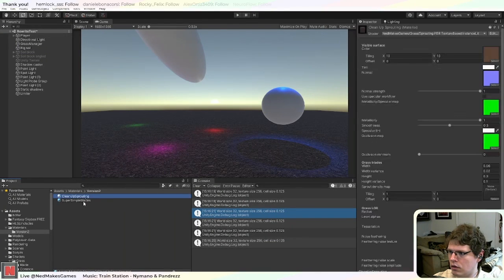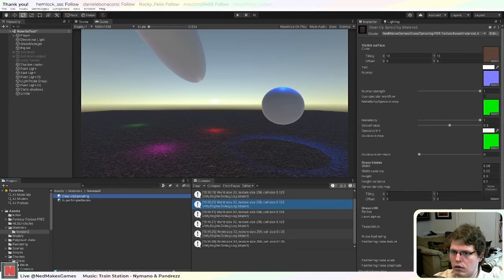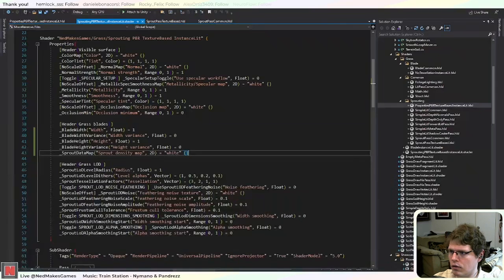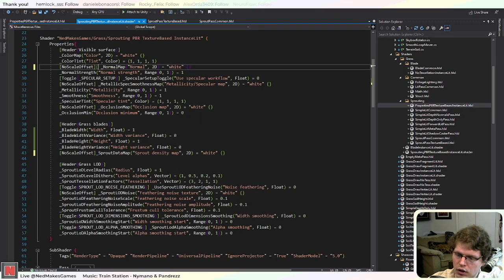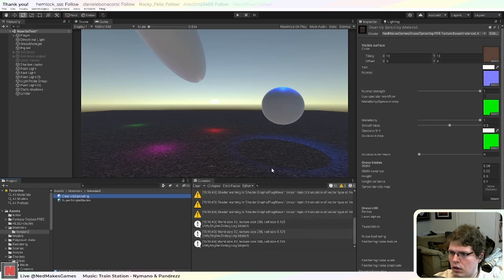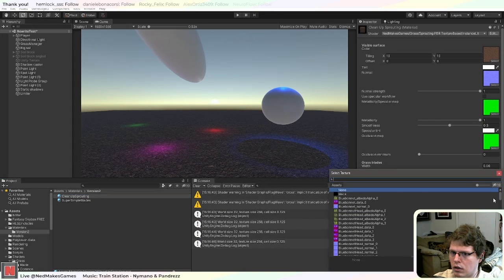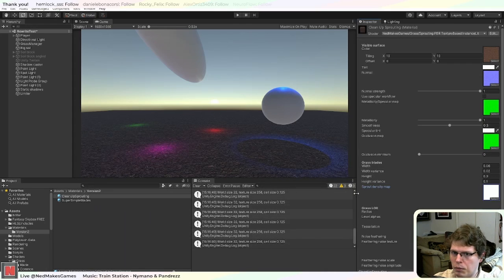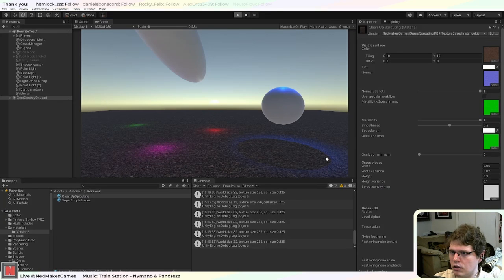Let's not. Oh yeah, I don't want the offset because it should just match the color texture. And I'll also mark this as being a normal map. Okay, so do I have... So I do have a pure white texture, which should mean that grass should always spawn.